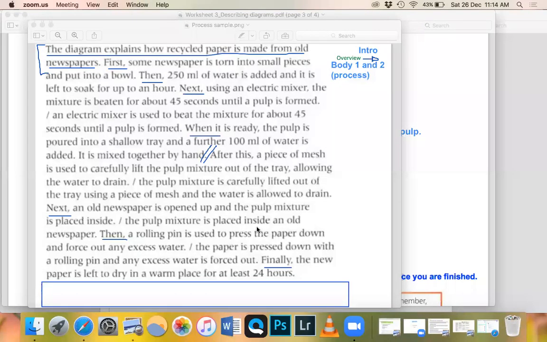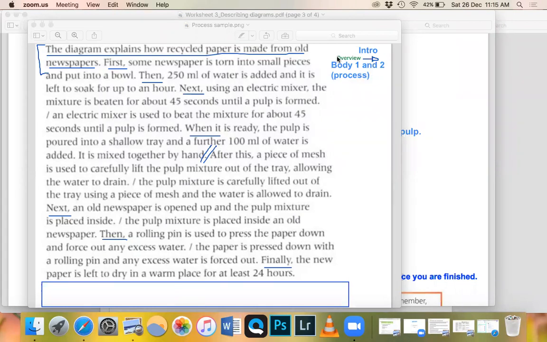So what do you think we put in our overview paragraph? So there's no main trends. We can't talk about main trends here. What do you think we need to put in our overview paragraph? We have finally, so the last step is still in our body 2.